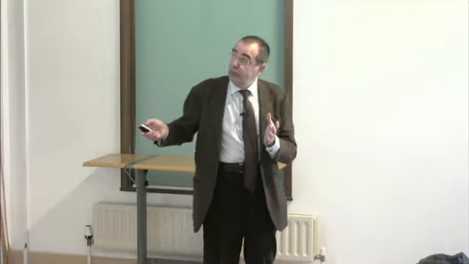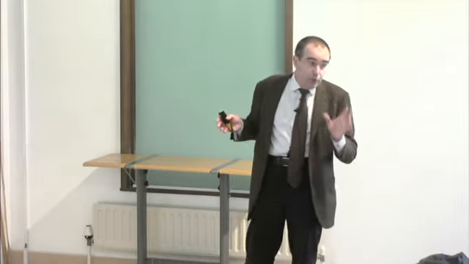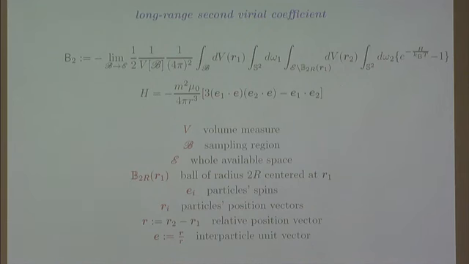In general, this would be the excluded body between the two particles, and the excluded body is not always as easy as this. And again, R1 and R2 are the position vectors of the two interacting particles, and E in this notation is the unit vector of the intermolecular vector.